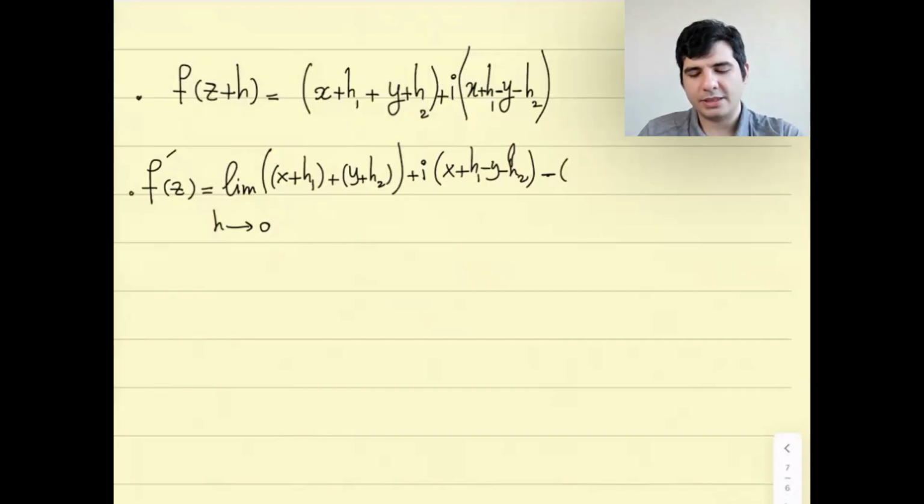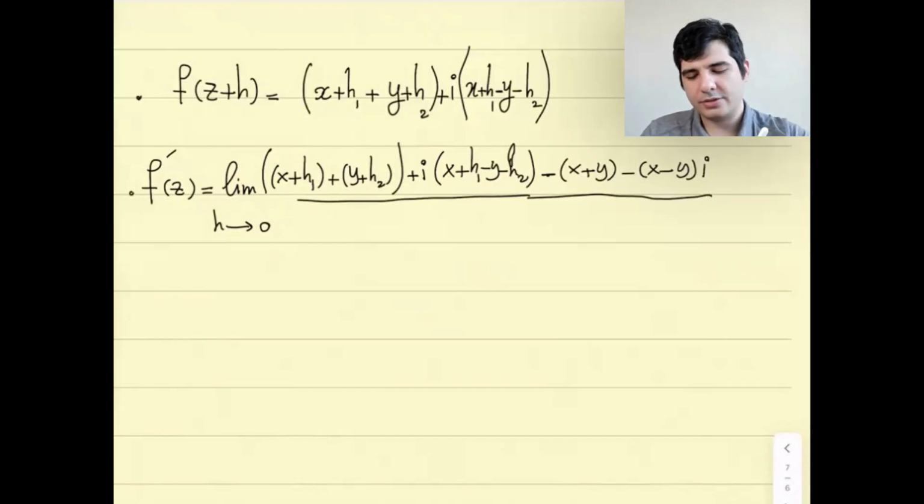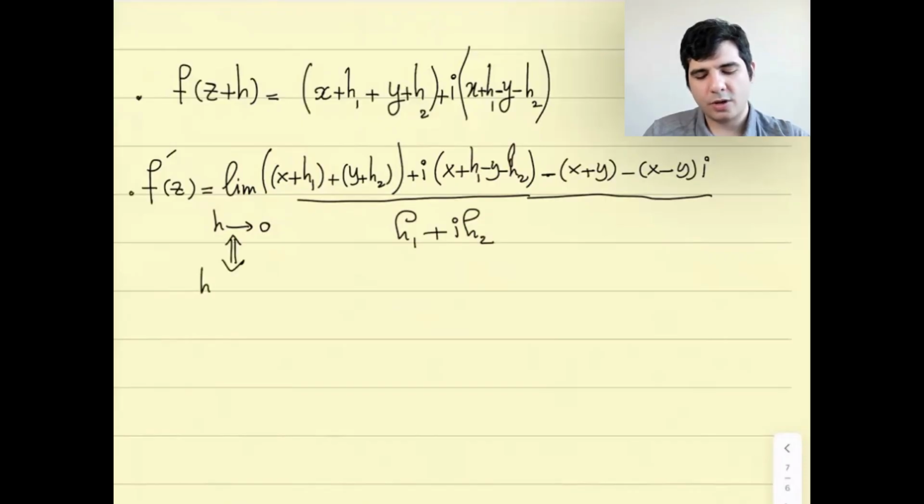What was f of z? It was x plus y plus i times (x minus y), and the whole thing divided by h. So, and h is h1 plus i h2. Now remember, h going to 0 is the same as h1 and h2 both going to 0. Right.